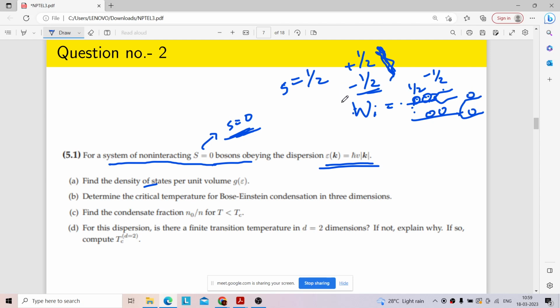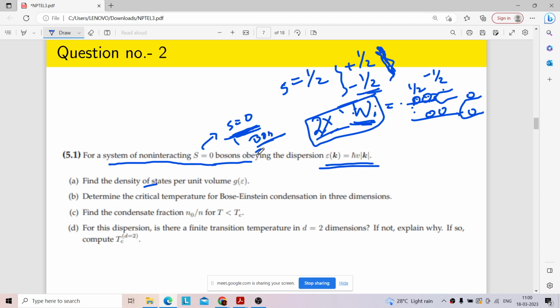When we calculate the microstates, there are two possible ways, so we have to multiply the microstates by 2. Spin is half there. But as spin is 0, there is only one kind of particle, only bosons. It has no other state.